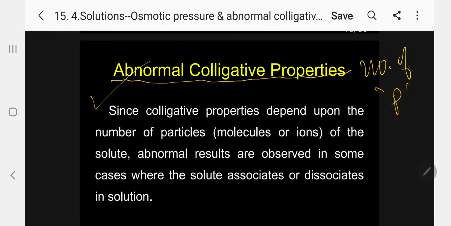Since colligative properties depend upon the number of particles, whether molecules or ions of the solute, abnormal results are observed in some cases where the solute associates or dissociates in solution. That means the solute undergoes association or undergoes dissociation.